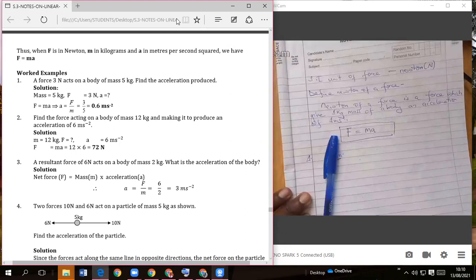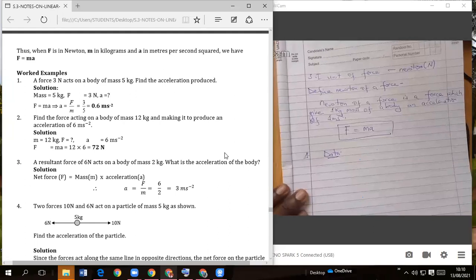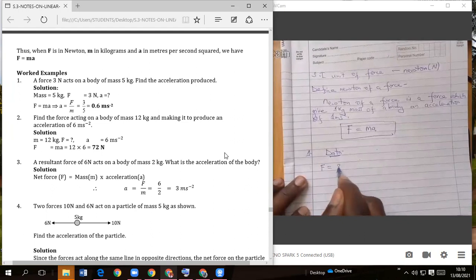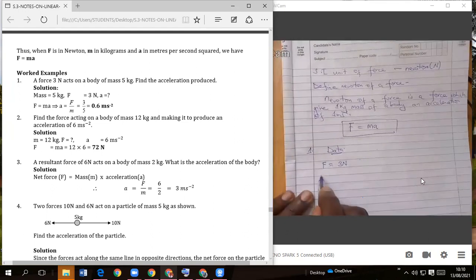We start by collecting our data. What is the force? The force was given to be 3 newtons. What about mass? Mass is 5 kilograms, right?